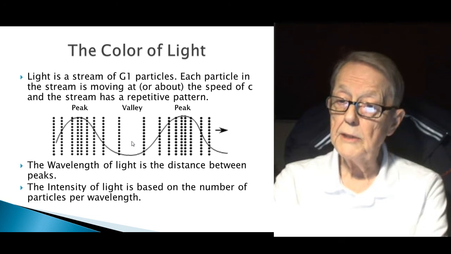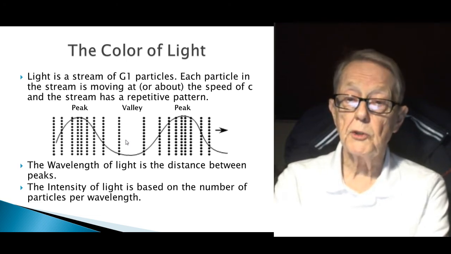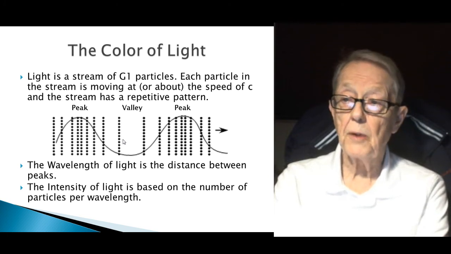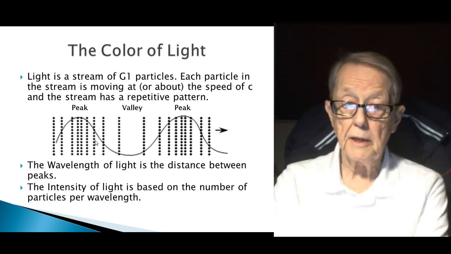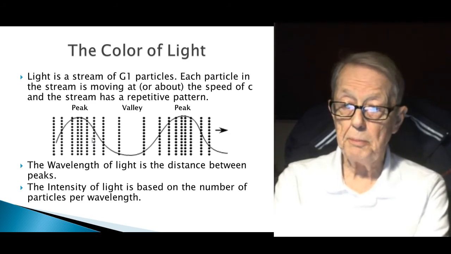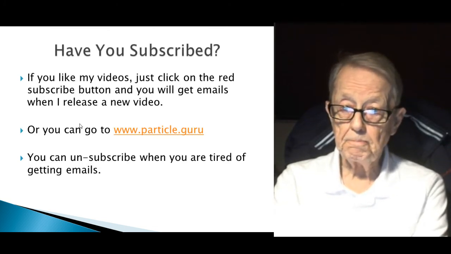But it really seems like the candle could be producing streams of particles in all directions, just like we have been proposing that the light is: a stream of particles moving at speed c with a repetitive pattern.